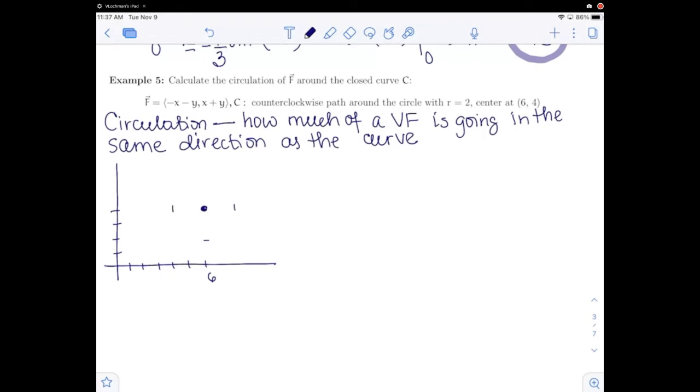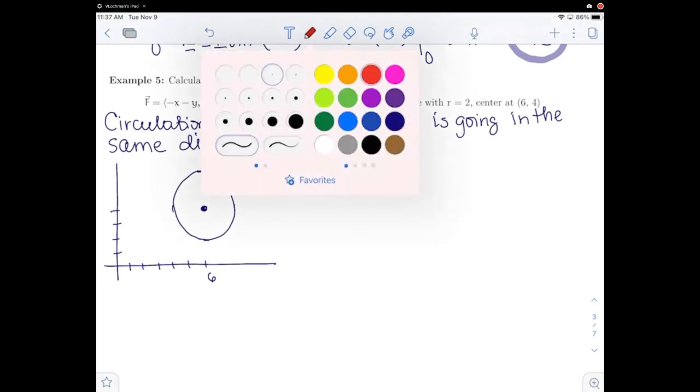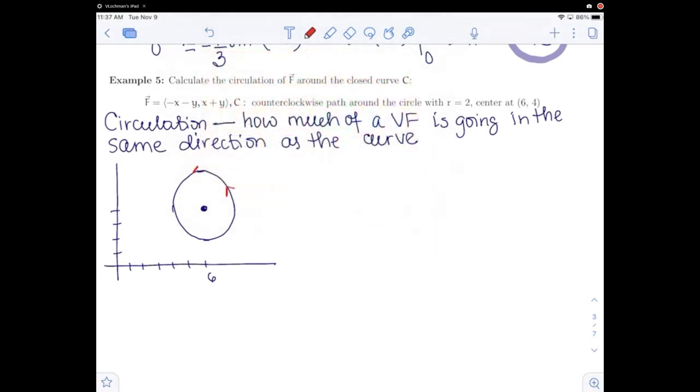Okay, so what is my curve? What is that going to look like? This is my closed curve, oriented counterclockwise. This is one way to represent that. Now we're not going to sketch the vector field, but imagine there's actually a vector field that sits above this.